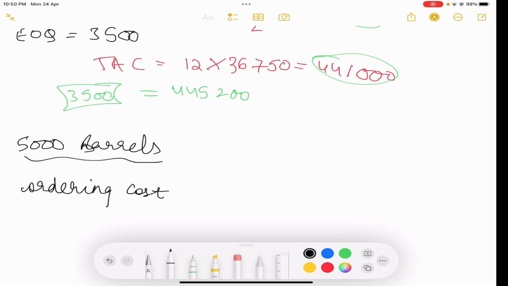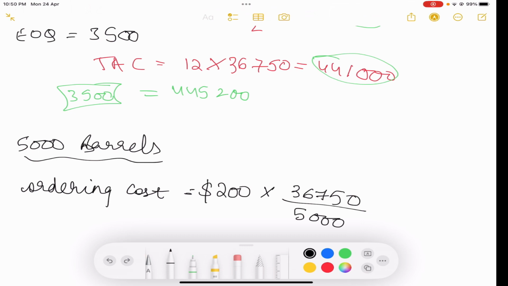What is the cost of one order? 200, we've already read that. 200 multiplied by demand divided by economic order quantity, that is 5,000. This would be my ordering cost.